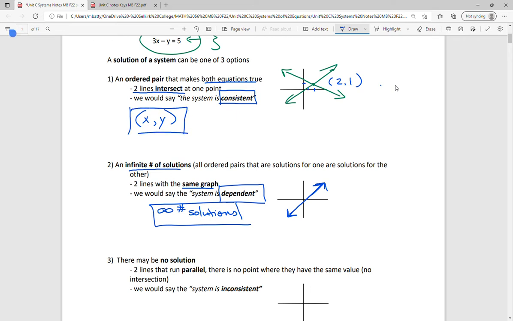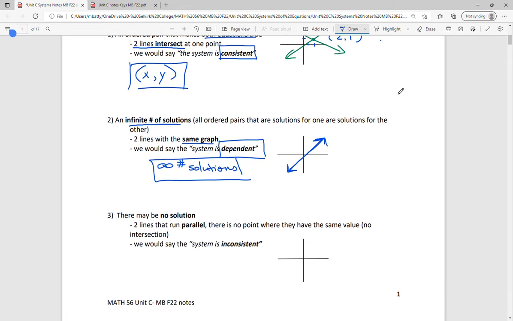So we have consistent, we have dependent, and the third option is if you're considering two linear equations at the same time, you can put them on the graph and they may run parallel to each other. Those don't look super parallel, but if they run parallel, it means that they have the same slope.